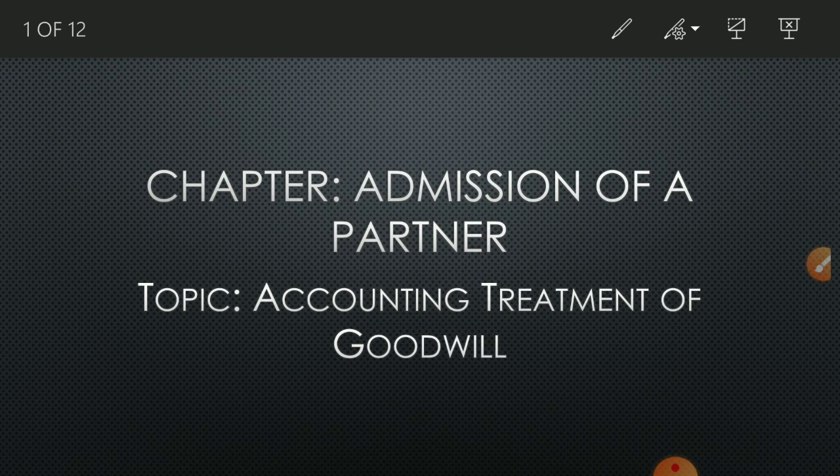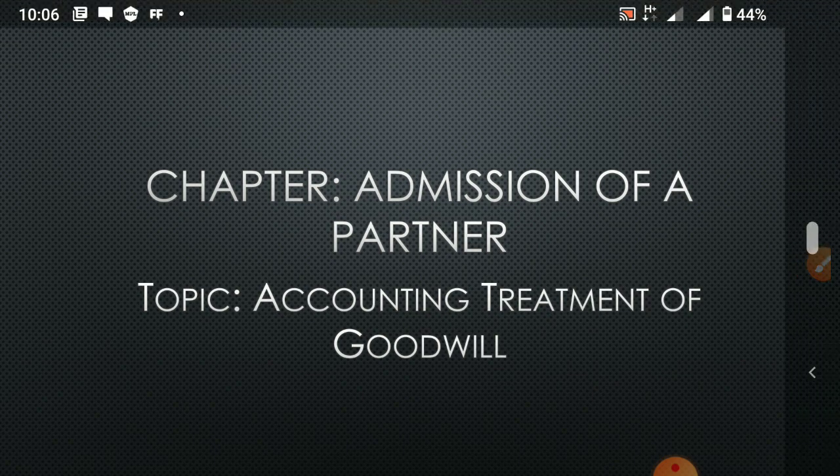But if the old ratio is there and only the new partner's share is given, then also we have to calculate the sacrificing ratio. But the problem here is we have to calculate the new ratio first, and then only we can calculate the sacrificing ratio. But in some cases you can directly take the old ratio as the sacrificing ratio. Those cases I'll tell you. From the question itself you can understand.